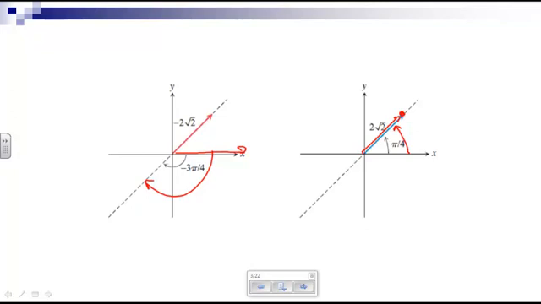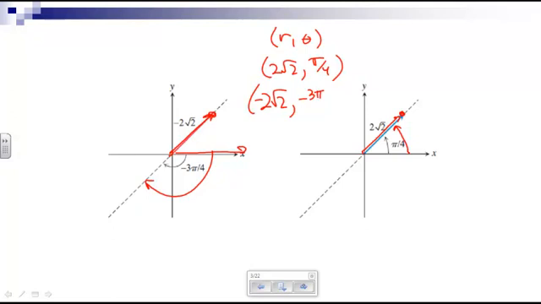We can actually start here and move in a negative direction. These 2 points are exactly the same. This point could be described in polar coordinates as 2 root 2, pi over 4. But it could also be described as negative 2 root 2, comma, negative 3 pi over 4. These 2 points are absolutely equivalent.